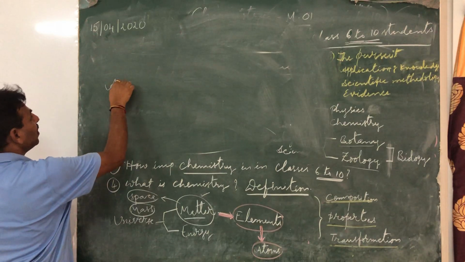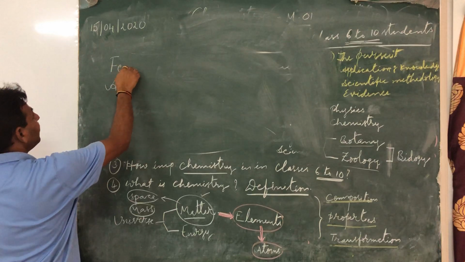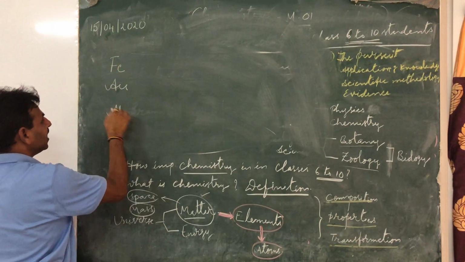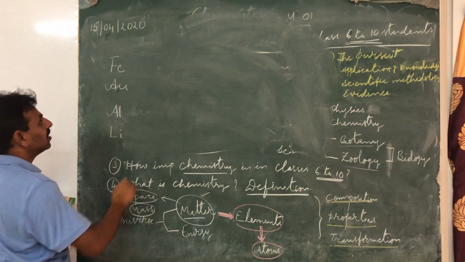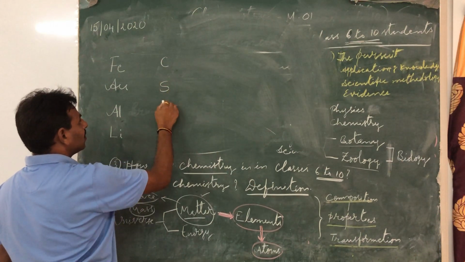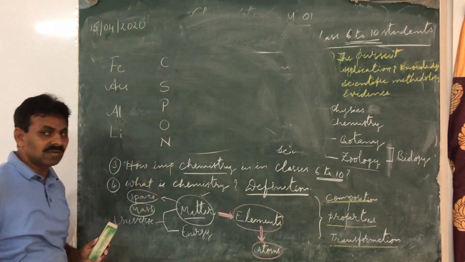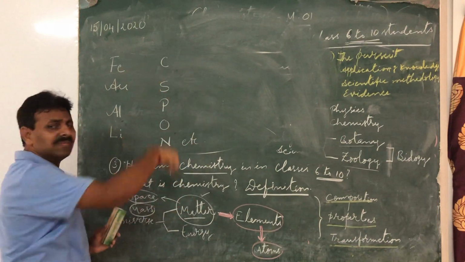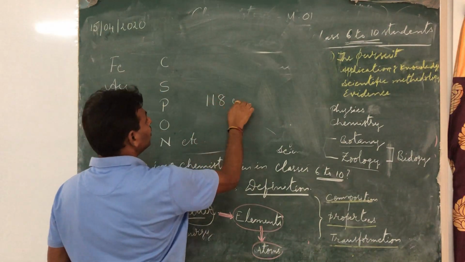Gold, its symbol is Au. Iron, its symbol is Fe. Then aluminium, its symbol is Al. Lithium, its symbol is Li. Carbon, symbol is C. Sulfur, phosphorus, oxygen, nitrogen, etc. How many such elements are there? 118 elements are there.